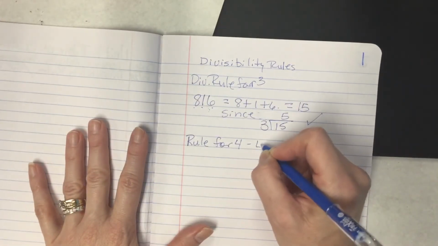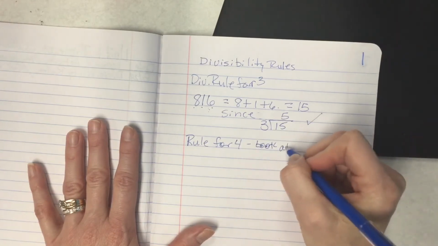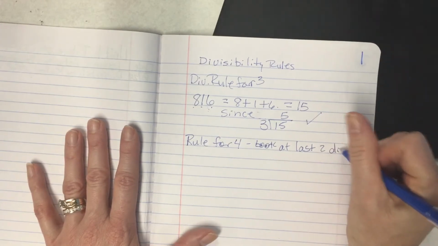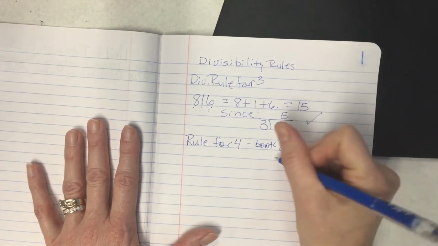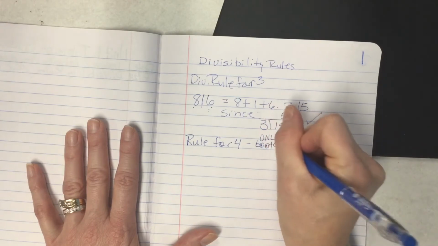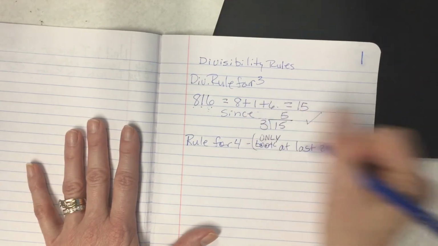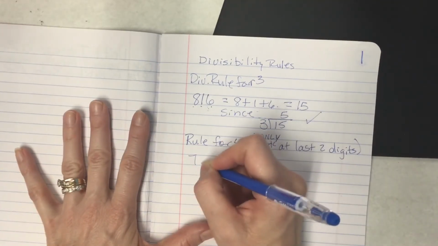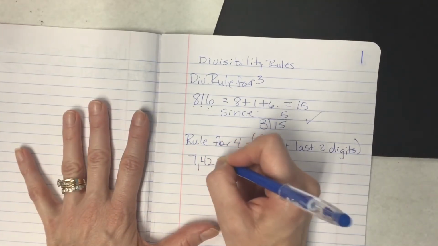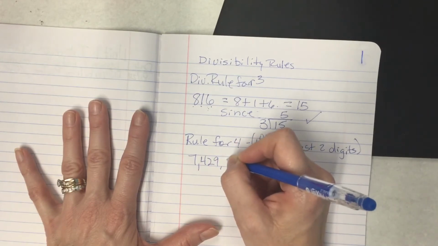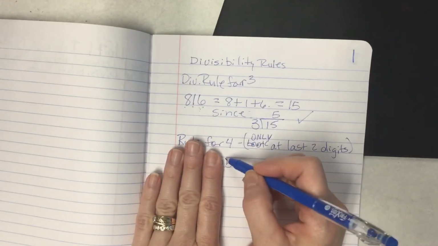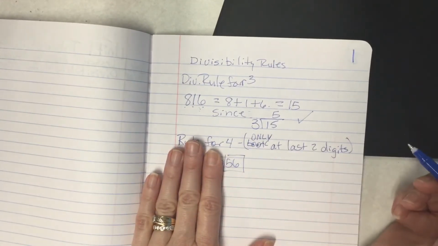So I only look at the last 2 digits. Let's say I have 7, 4, 2, 9, 6, 5, 6. I can ignore all of this. I'm only going to look at the last 2 digits, okay?